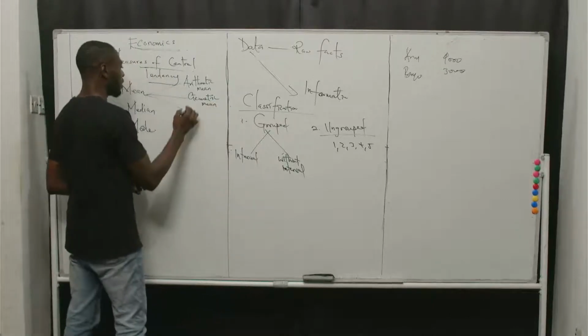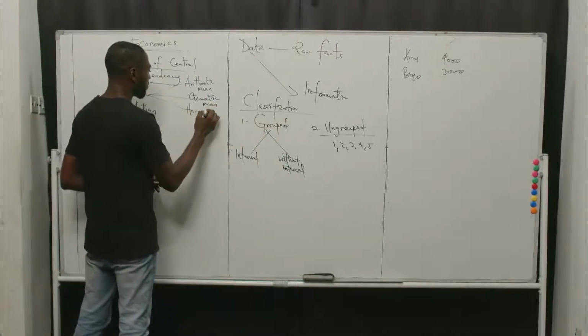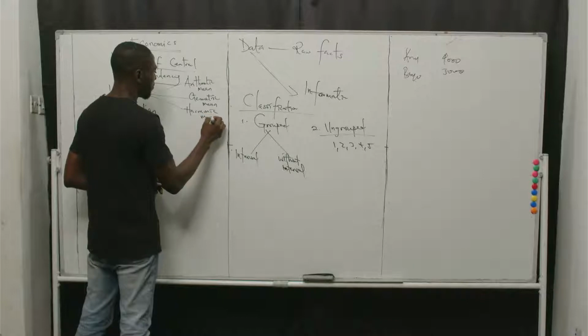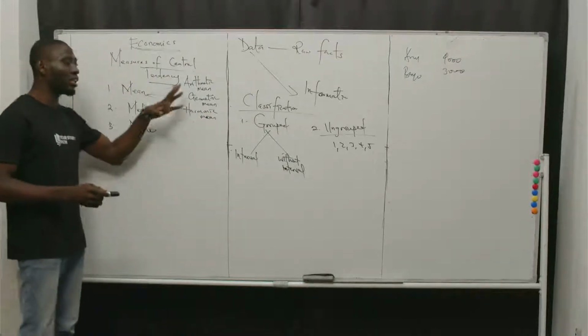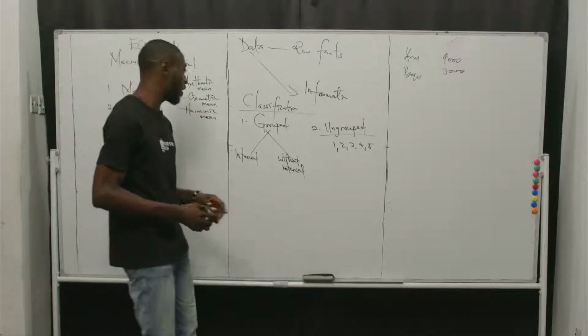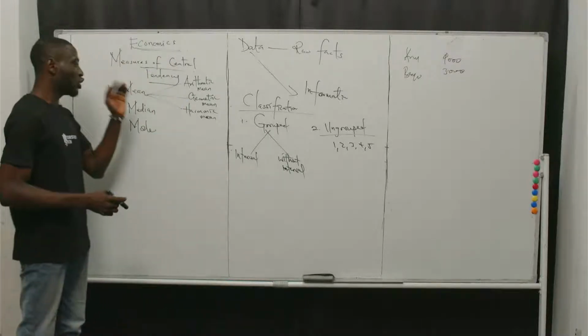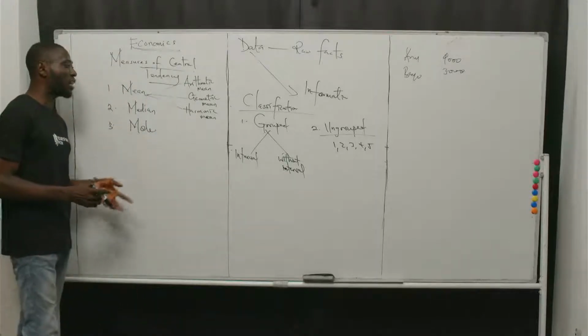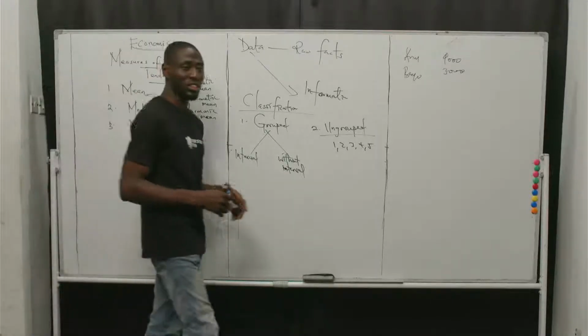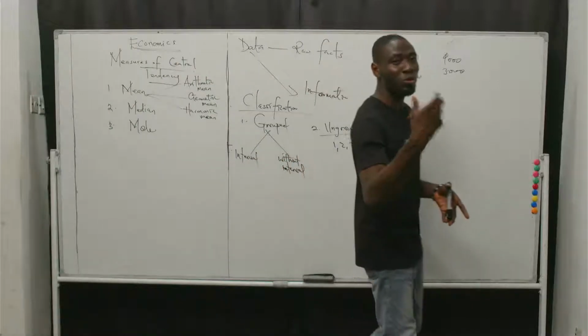Then the third one is harmonic mean. So these are the three types of mean that we have: arithmetic mean, geometric mean, and harmonic mean.